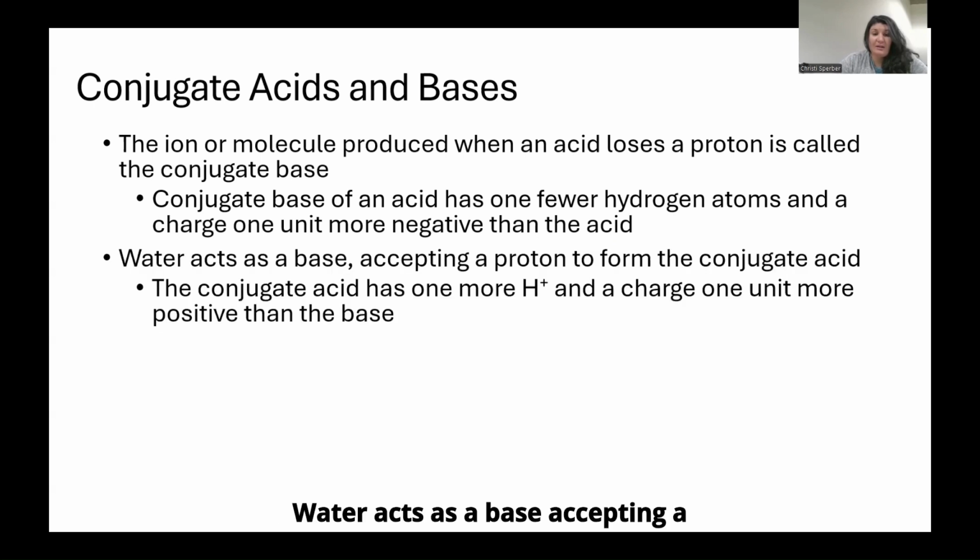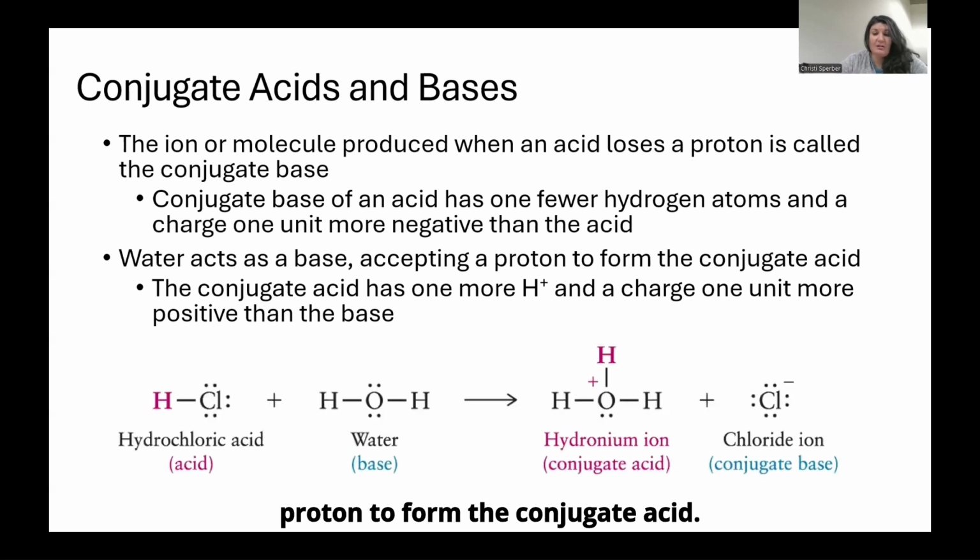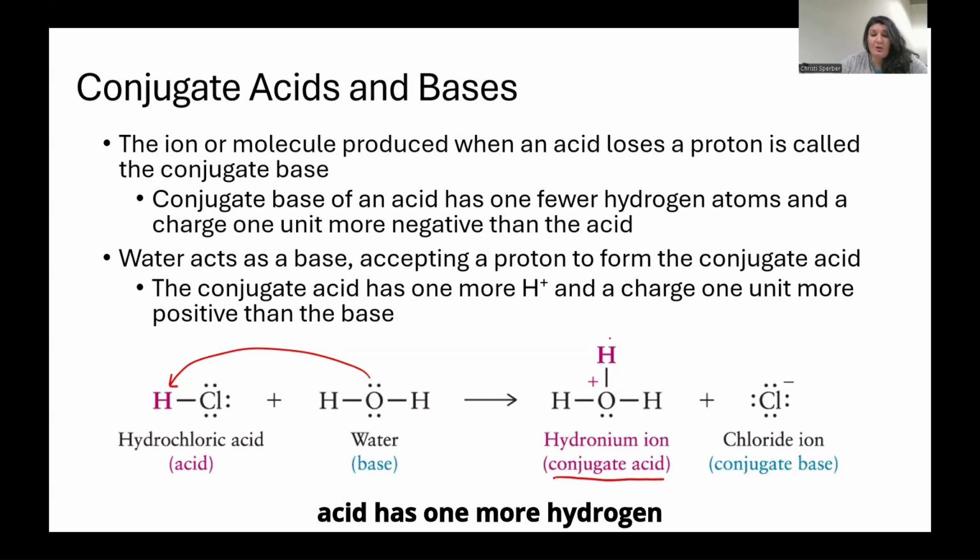Water acts as a base, accepting a proton to form the conjugate acid. So water accepts this proton and forms the conjugate acid. This acid has one more hydrogen and a charge 1 unit more positive than the base. So hydronium ion is H3O plus, water is H2O.